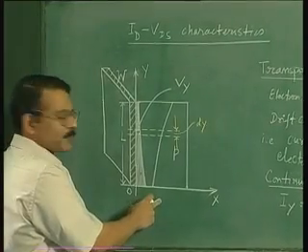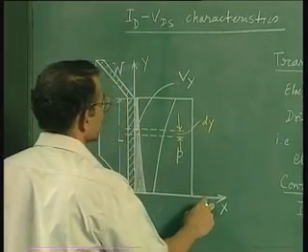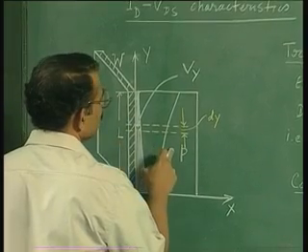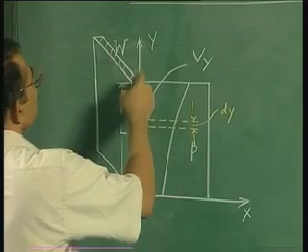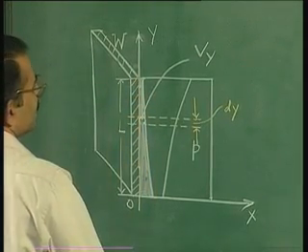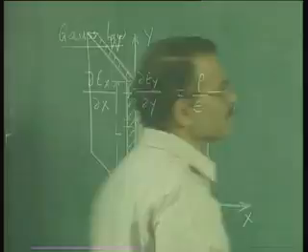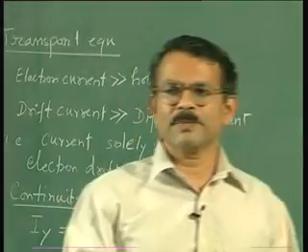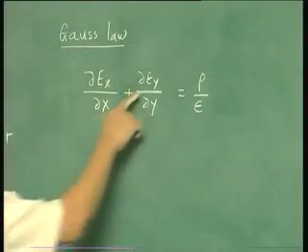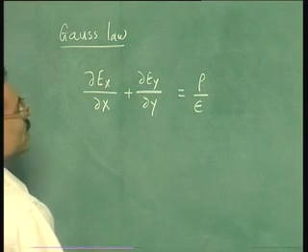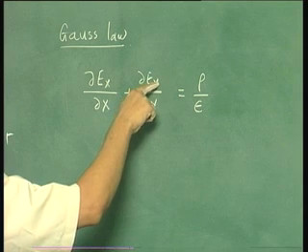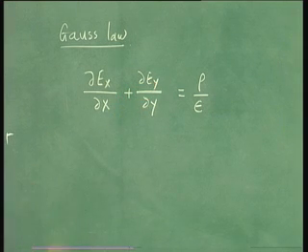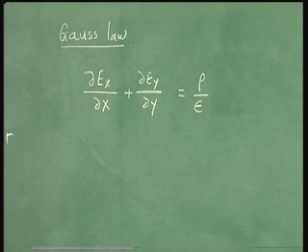The x direction is in this direction. So the electric field from gate to bulk is the x directed electric field, and the field from drain to source is the y directed electric field. So what we are saying in this formula, dou Ex by dou x plus dou Ey by dou y equal to rho by epsilon, is that the rate of change of the x directed electric field in the x direction plus the rate of change of the y directed electric field in the y direction is equal to rho by epsilon.